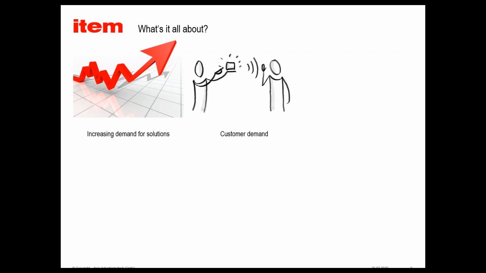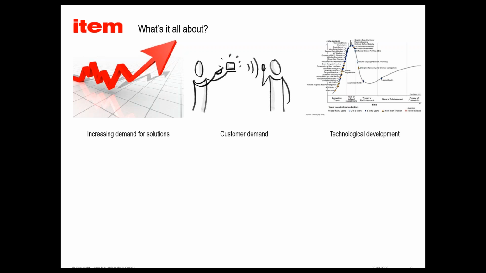And then there's one big point which played into our cards. This is the technological development in general. In 2014, we placed a bet. And this bet was called Internet and HTML5, so web technology.